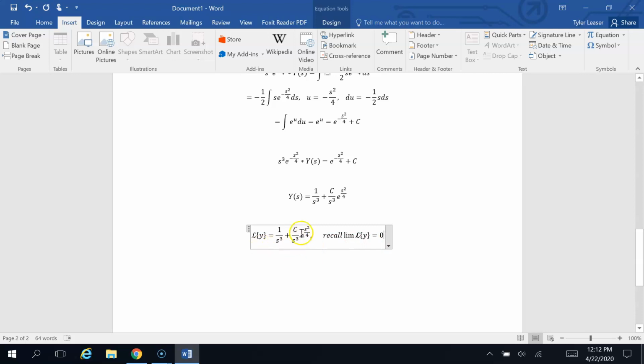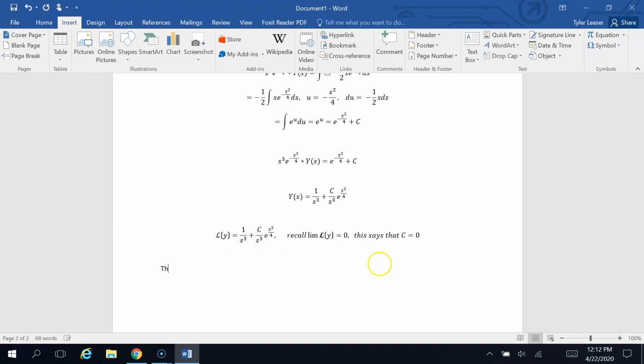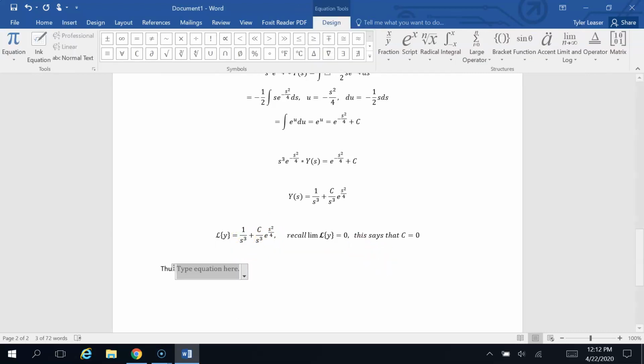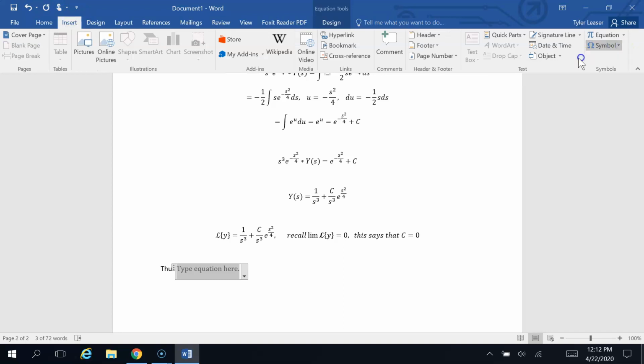If I come over here, the only way for this limit to go to 0 is if my constant is 0. So this says that c has to be equal to 0. Because if c is anything except for 0, this is going to blow up to infinity or negative infinity. It only can possibly go to 0 if my c value is 0. So thus, that says that my Laplace operator is just going to be the function 1 over s cubed.